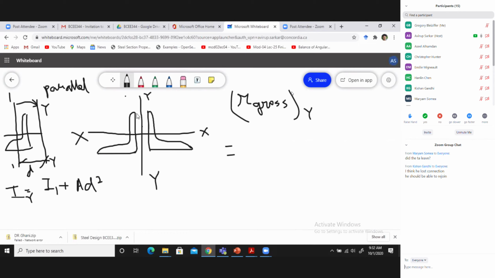This will be the I about the y axis for one particular section, and also the same for this section, and that has to be multiplied by 2 to get the gross.